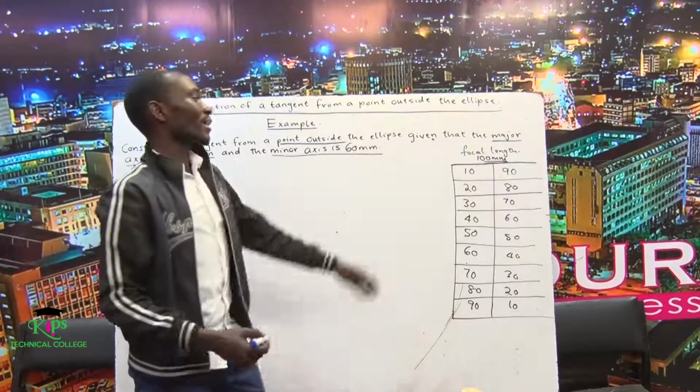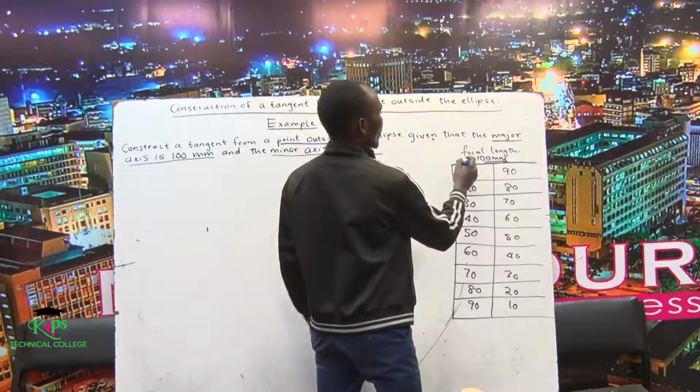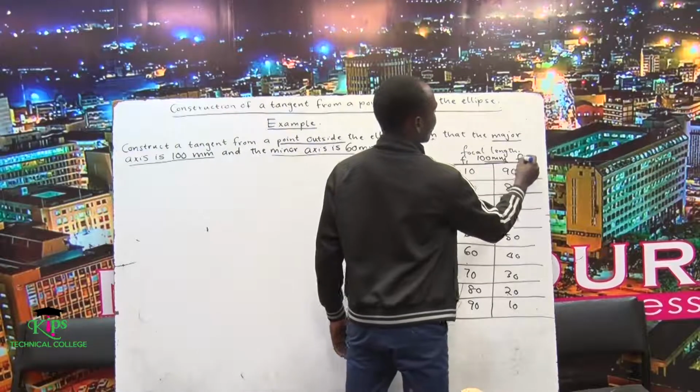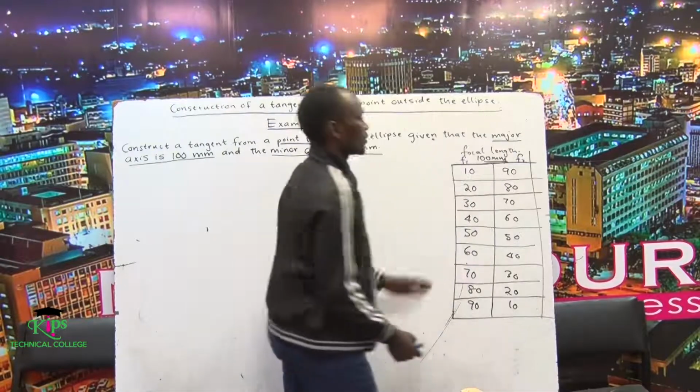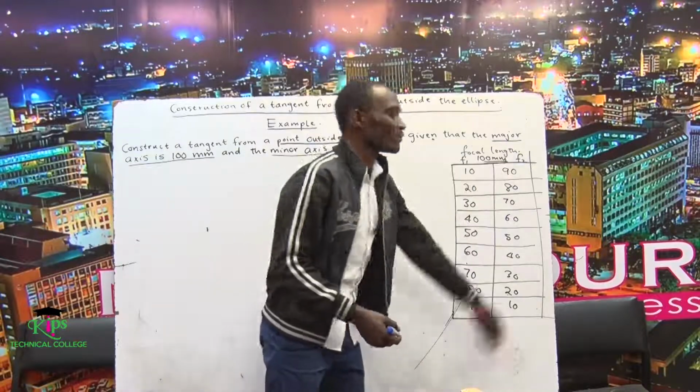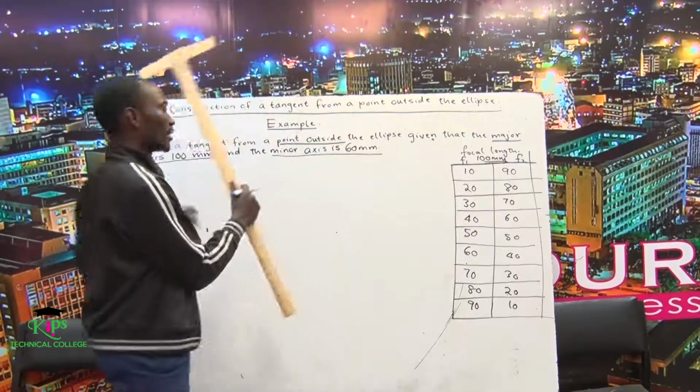So this is the table that you should make. This is the column of F1, then F2.